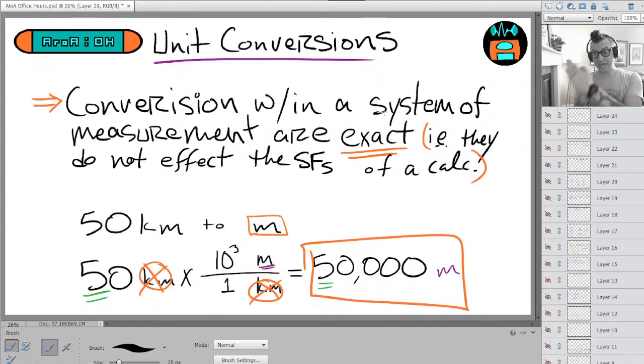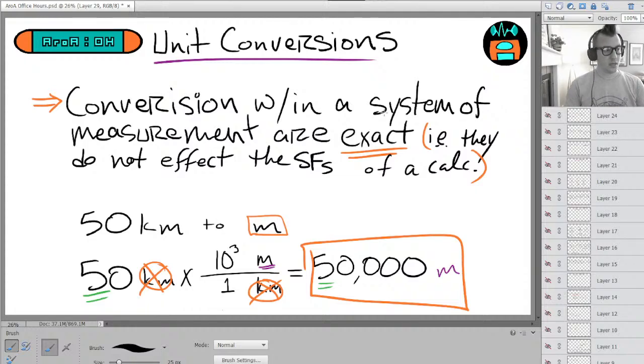When you are going from English unit to metric unit, or metric unit to English unit, that's when your unit conversions will affect your significant digits. All right?